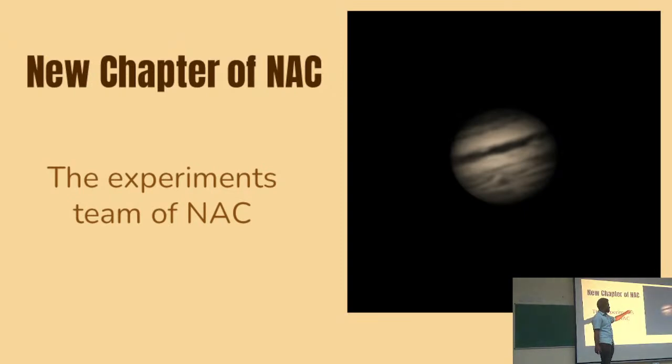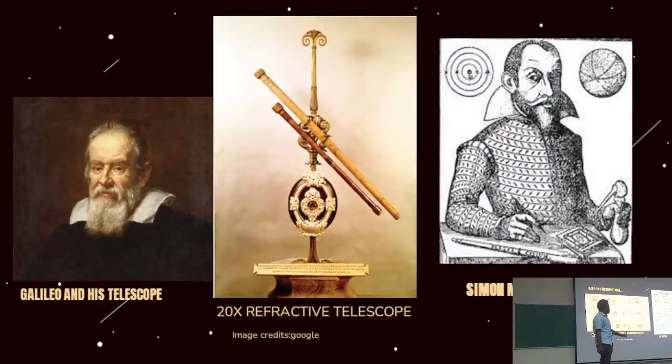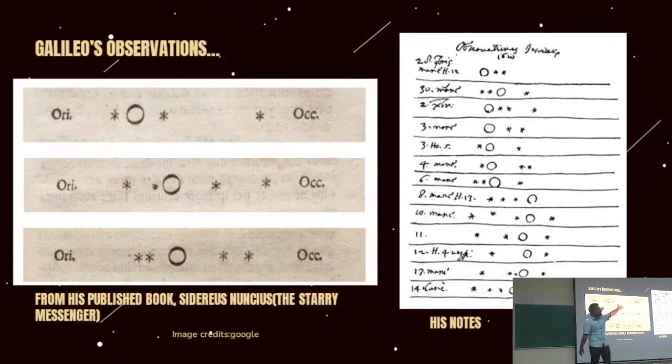He took these notes and then he published them. He first thought of them as stars, and he repeatedly saw them and concluded that they were not stars, they were in fact moons going around Jupiter.